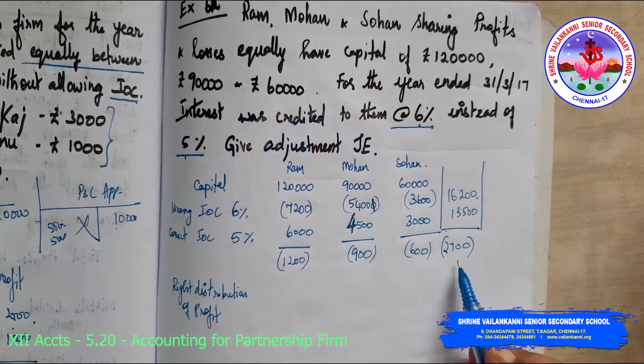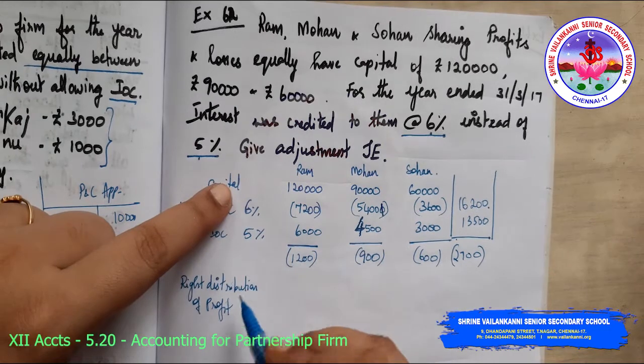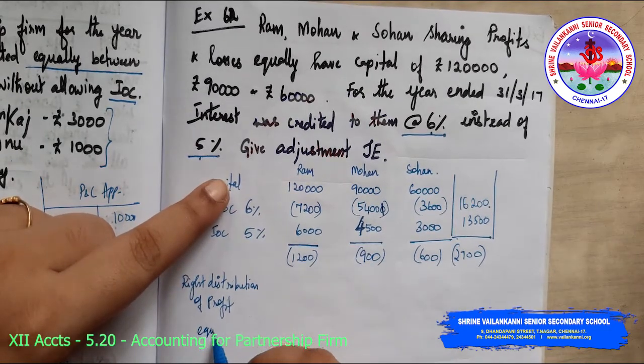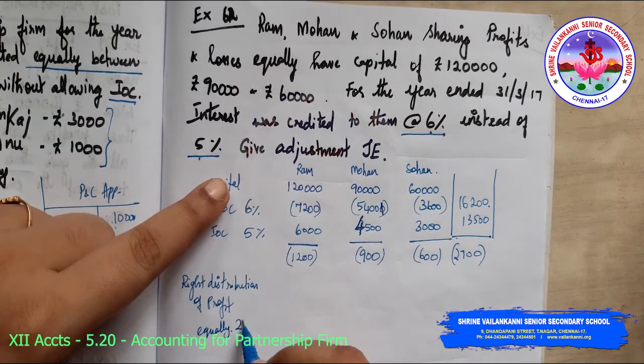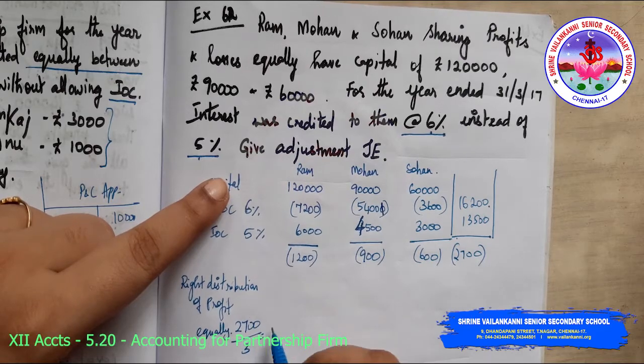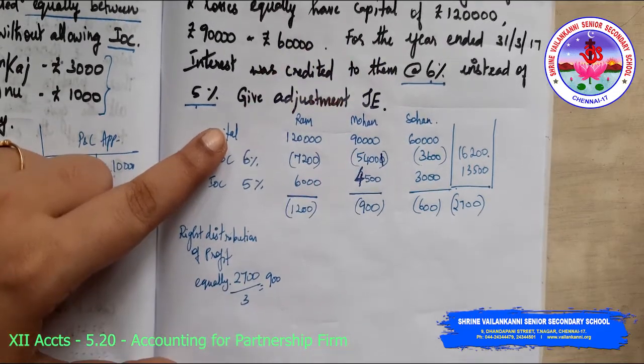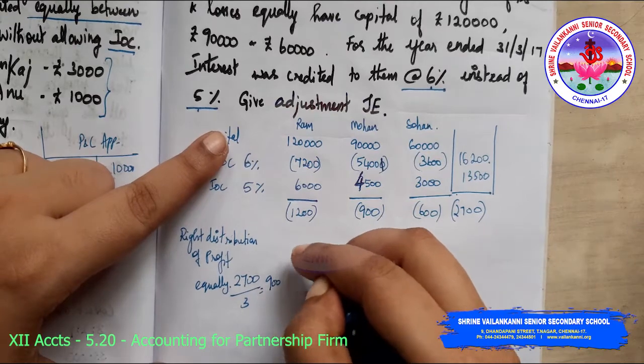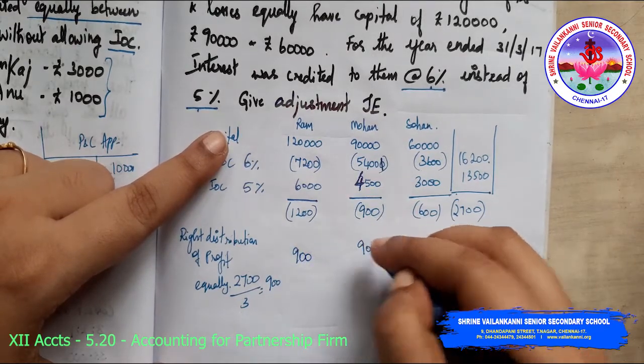So 2,700 is a profit to be given to the partners. So equally they are going to share. So 2,700 divided by 3, I am getting 900. So 900 I have to give here and 900 here.